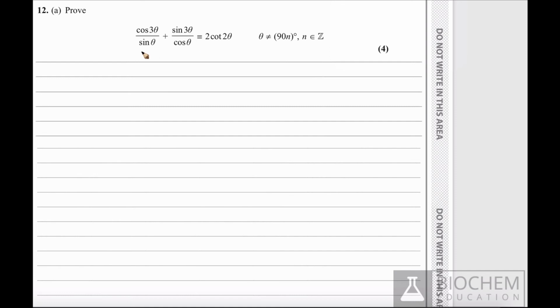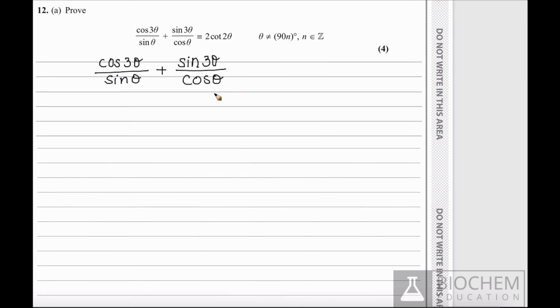So let's take that side and write it as cos 3 theta over sin theta plus sin 3 theta over cos theta.